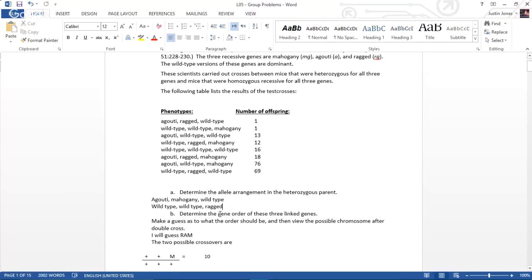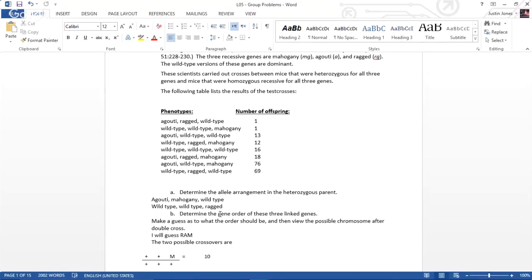The next question is determine the gene order. Now, our reading said to make a guess as to which one is accurate. Sorry, let me back up. So in order to find the gene order, you have to know what the result of a double crossover will be. Essentially, when you have 3 genes, the middle one will be flipped.